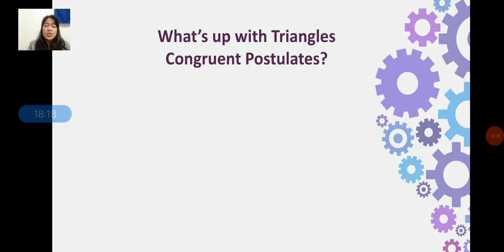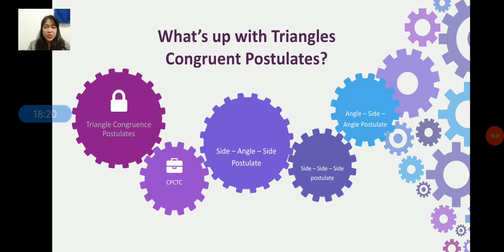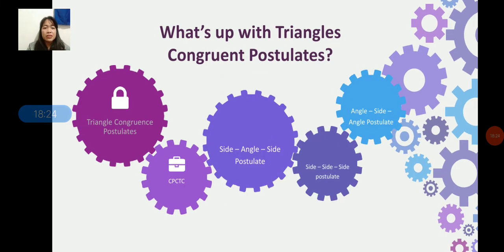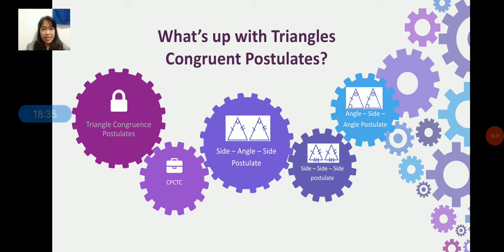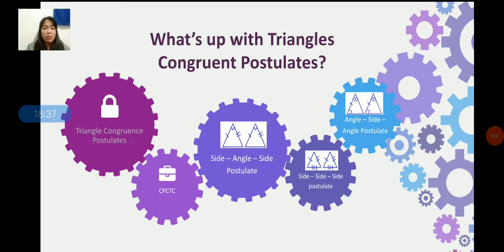Now, what's up with the triangle congruence postulates? Remember, we already tackled CPCTC. Now we're going to proceed with side angle side, side side side, and angle side angle. Remember those three terms?